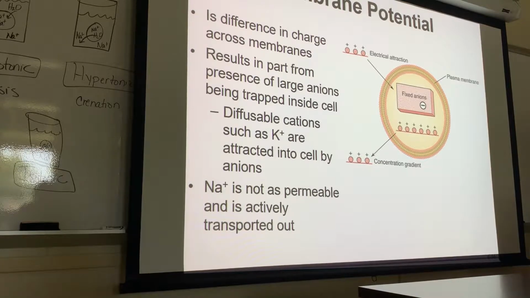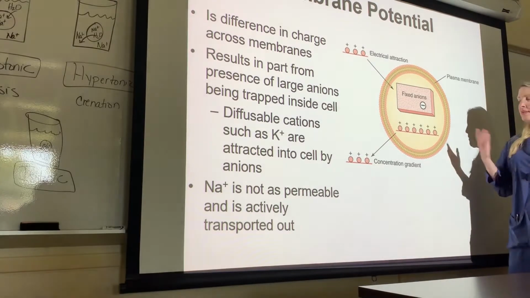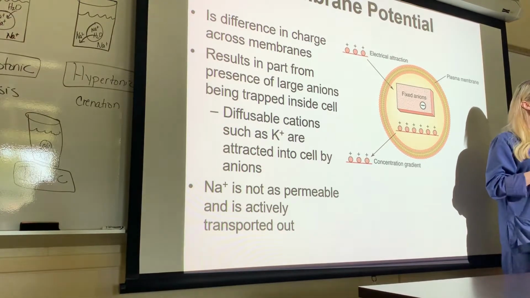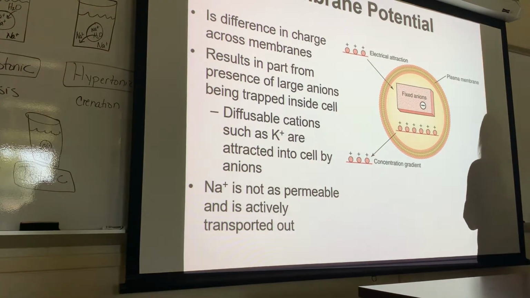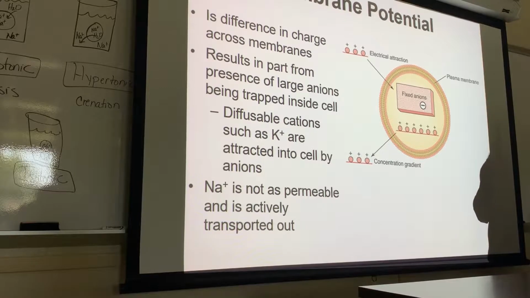So, for example, in cardiac muscle cells, the membrane potential when the cell is at rest, not contracting, is minus 90 millivolts. That means that its charge is less inside the cell than it is outside the cell, by 90 millivolts. So that's what negative 90 millivolts means. It means it's minus 90 millivolts inside the cell relative to the outside.